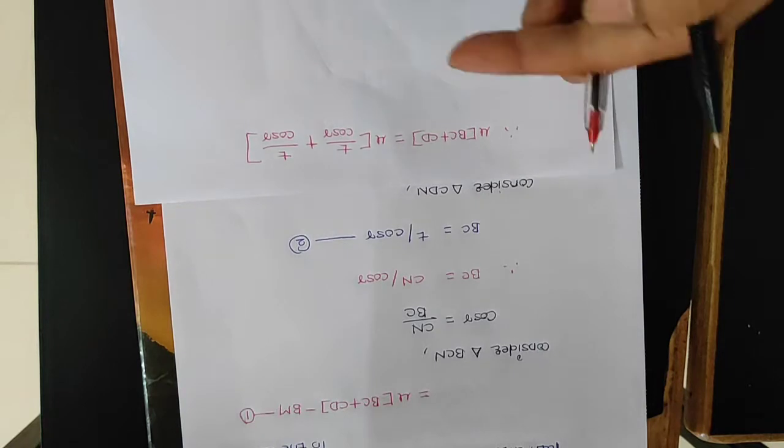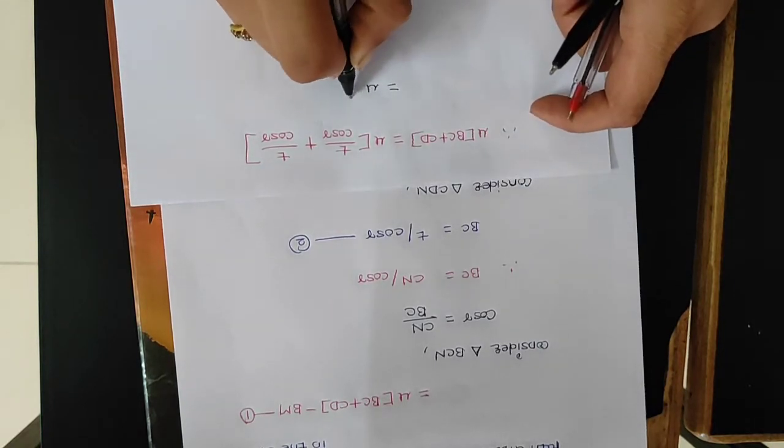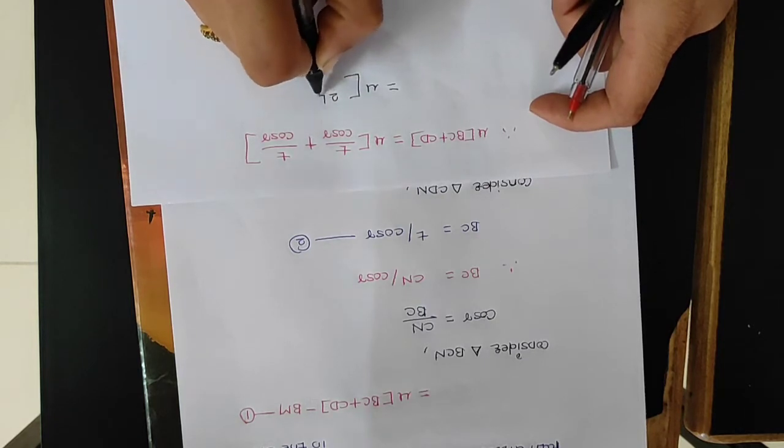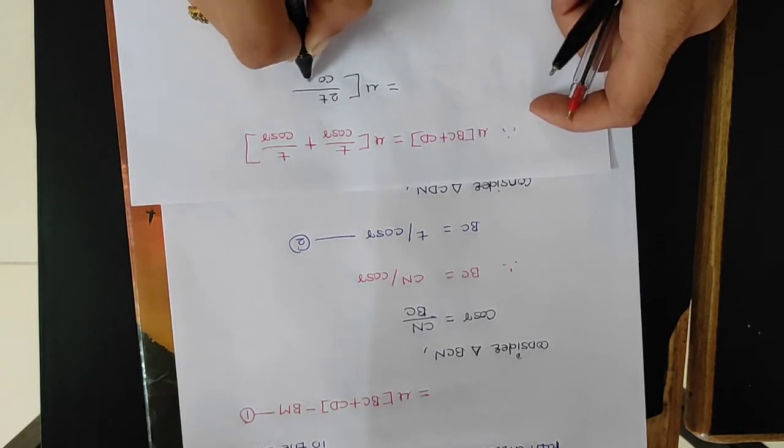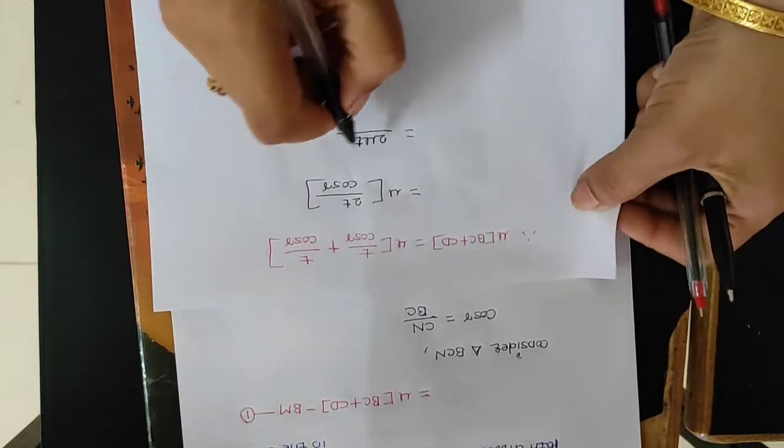So what we get? Mu into 2t divided by cos r, or we can write directly 2 mu t divided by cos r.